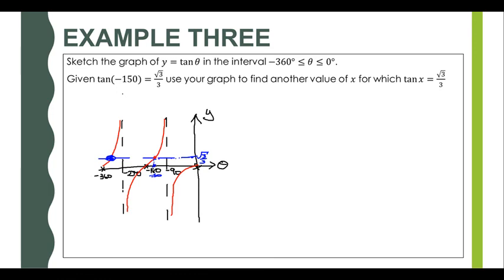So to get from this point on the graph to this point, we just subtract 180, which tells us our second solution is minus 150 take away 180, which gives us minus 330 degrees. So this means that tan of minus 330 is equal to root 3 over 3. So x is equal to minus 330.